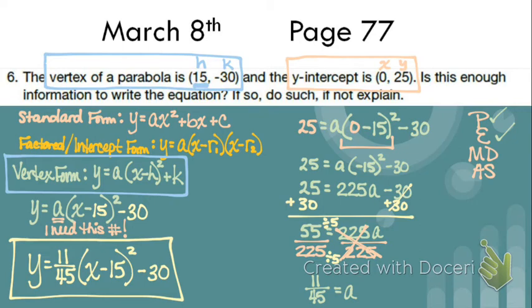And what was our equation? Y equals 11 over 45, parentheses x minus 15 squared minus 30. Does this parabola go through those points? Yes, it does.